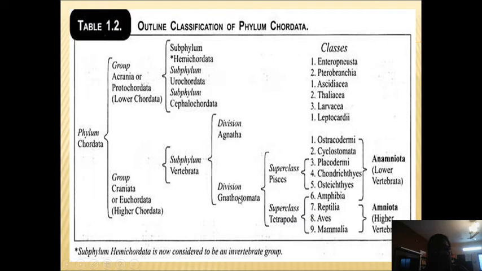In the division Gnathostomata, gnathos means jaws and stoma means mouth. You have studied stomatal opening in botany. Here Agnatha are the primitive or lower vertebrates, which include different classes.